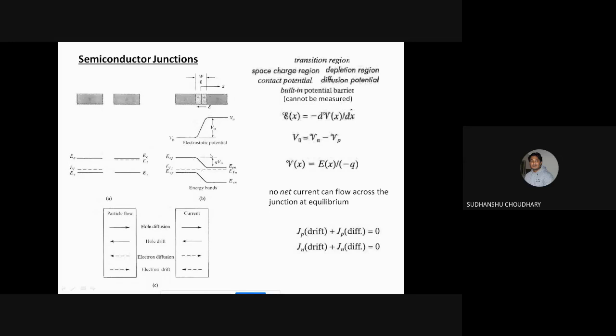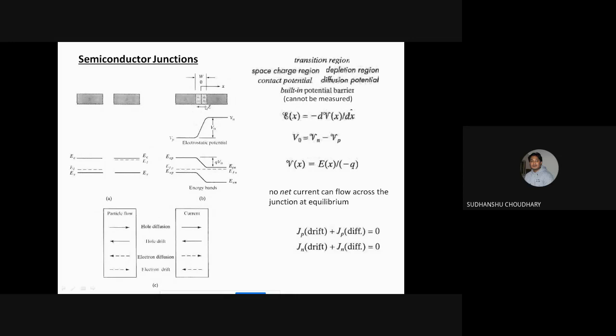So this is how we understand through this model. But here, if you look, the electrons and holes will diffuse as long as the gradient exists in the device. That is, if a concentration gradient of electrons and holes exists, they will continue to diffuse even if the electric field is set up.